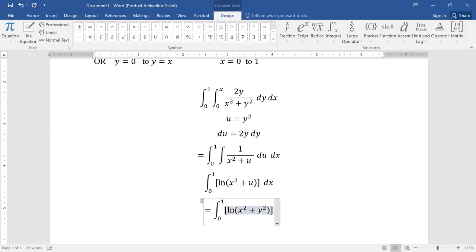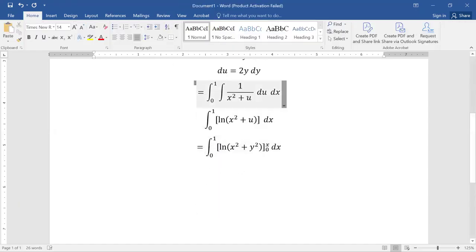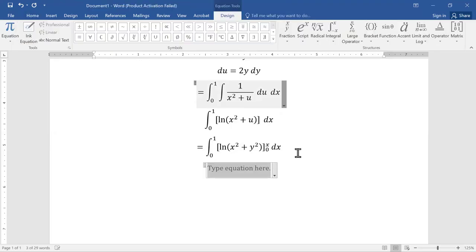Plug in a y value of 0 to a y value, y equals x. So plugging in x first and then plugging in 0. If I plug in an x first, I'm going to get the natural log of x squared plus x squared.